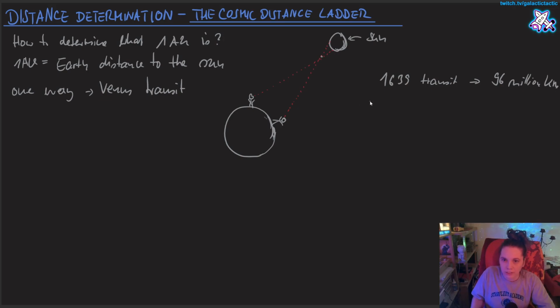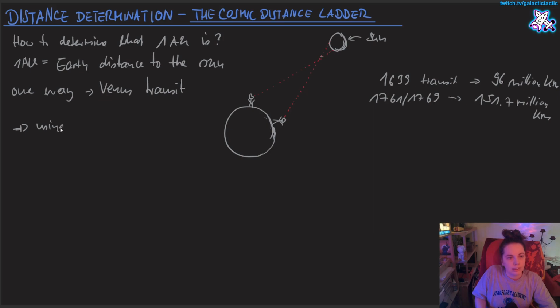Then in the next transit, 1761, the Venus transits come in pairs eight years apart, by the way, which is interesting. Apparently it has something to do with the fact that 13 Venus years go in 8 Earth years or something like this. And they said, okay, it's 151.7 million kilometers, using geometry by measuring the event at 2 different points of Earth.